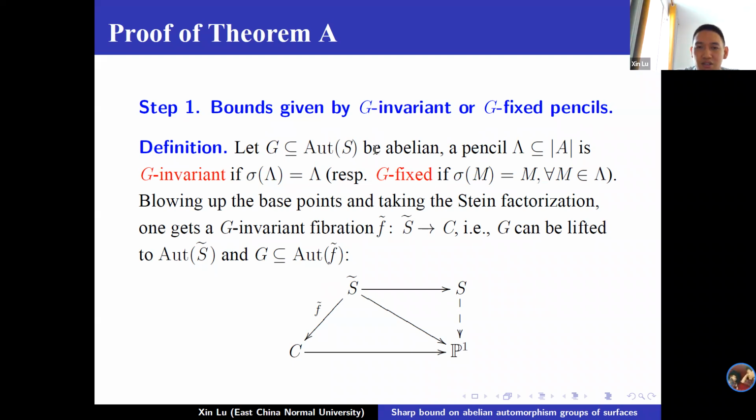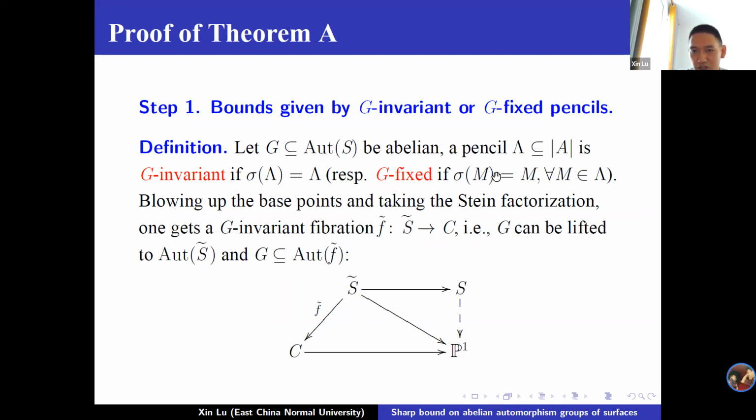If G is an abelian subgroup, a pencil is called G-invariant if this subgroup keeps this pencil invariant, that is, for any sigma in G. Here sigma is any element from G. So if sigma maps lambda to lambda, this is called G-invariant, and G-fixed just means that it maps every member to itself. So G-fixed must be G-invariant.